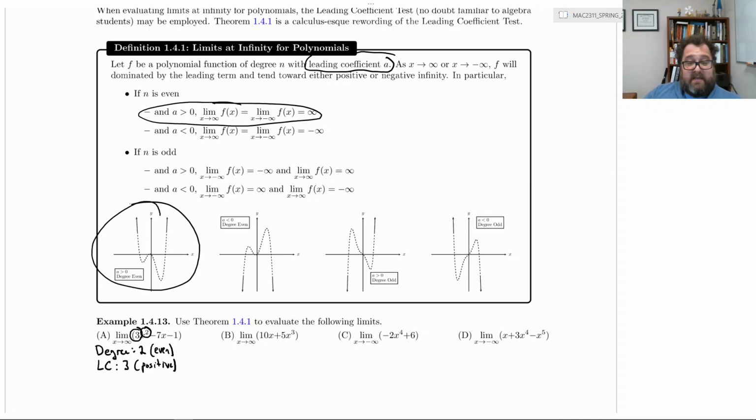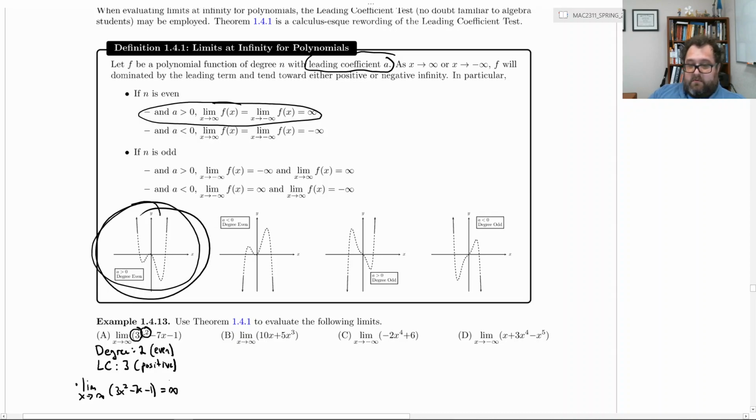So what I can do is say, if I know this is the basic shape, that tells me that both limits, the limit as x goes to positive infinity, and the limit as x goes to negative infinity, are both equal to positive infinity. So the limit as x goes to infinity of, what was it, 3x squared minus 7x minus 1 is equal to infinity.